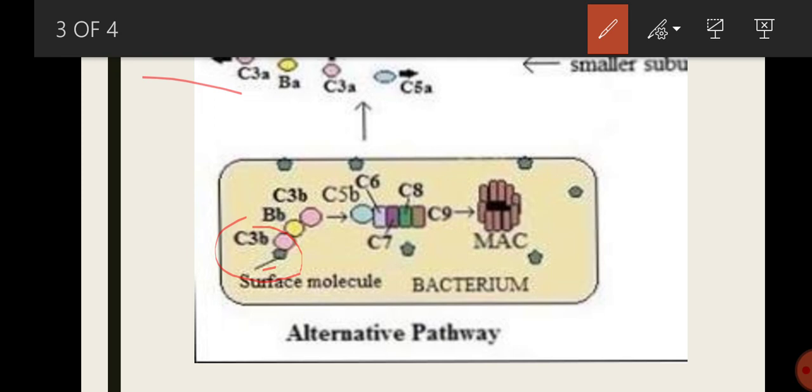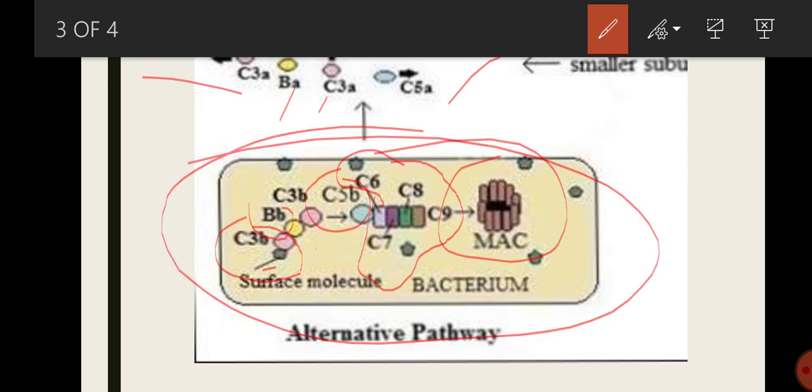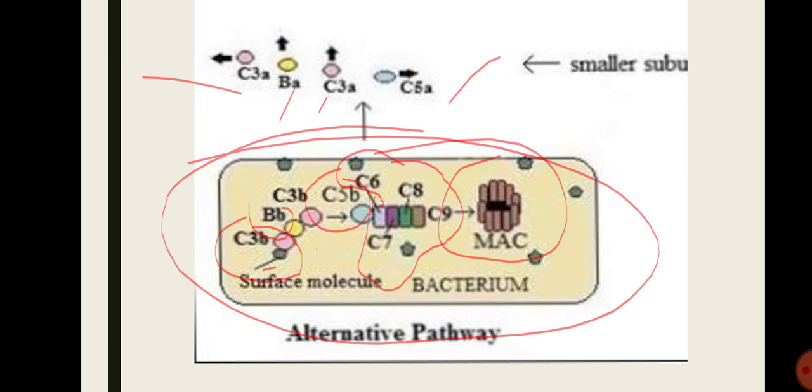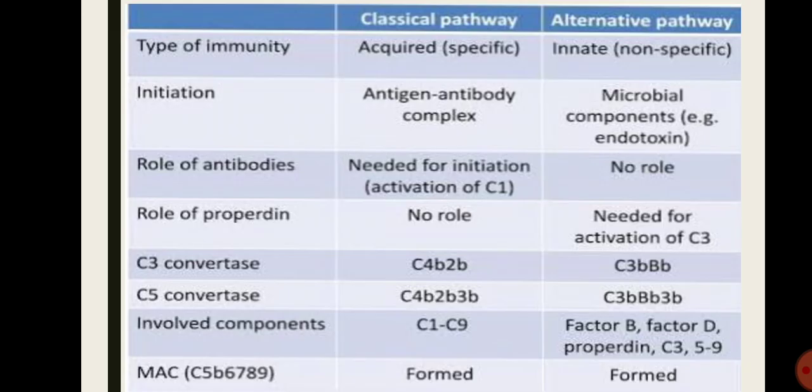Okay, then we had B factor bounded to the C3b, BA went away, then BB activated C3b and A part went away, then C3b activated C5, its A part went away, and C5b attaches C6, C7, C8, C9 and C8 form the MAC and causes the killing of the bacteria. Okay, then comes the difference between the classical pathway and the alternate pathway.